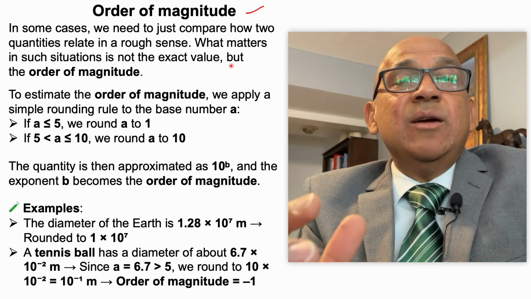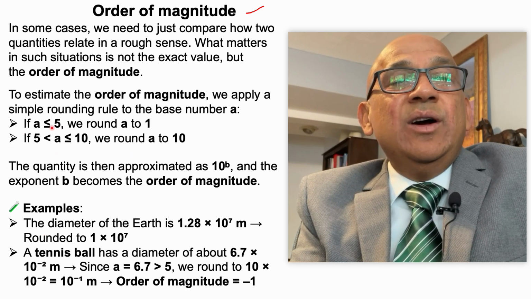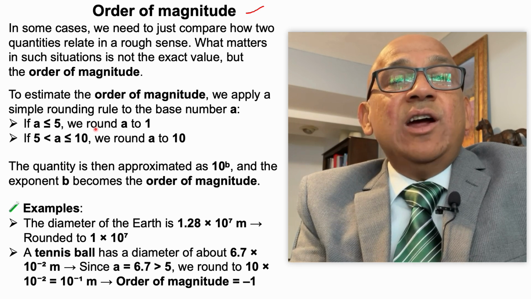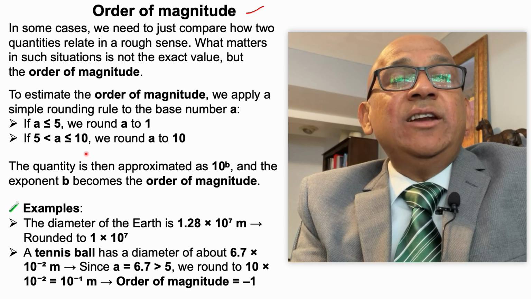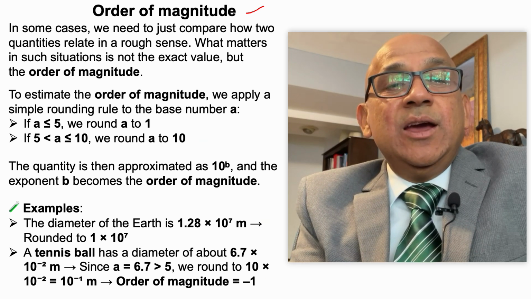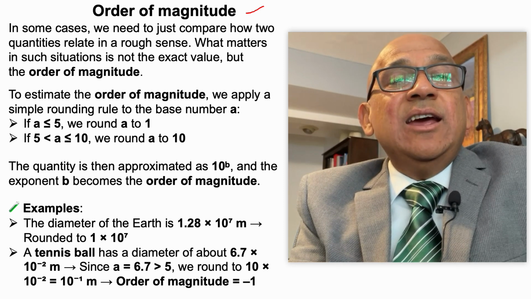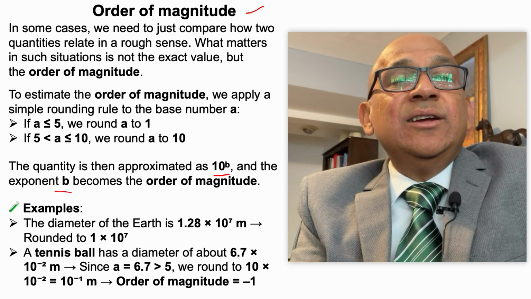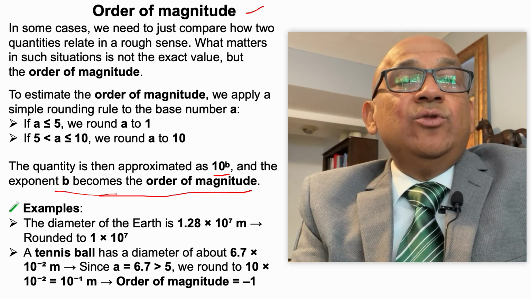For doing such an estimation, we assume that if a is less than or equal to 5, we round a to 1, and if a is between 5 and 10, we round a to 10. In this way, the quantity is approximated as 10 to the power b, and the exponent is called the order of magnitude.